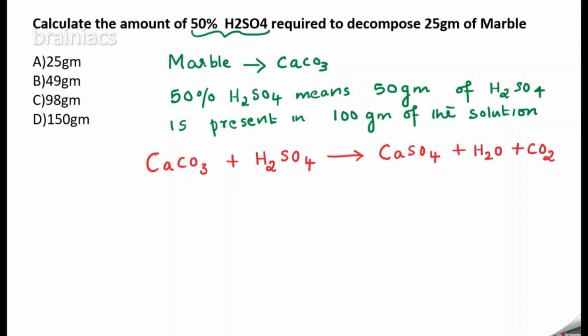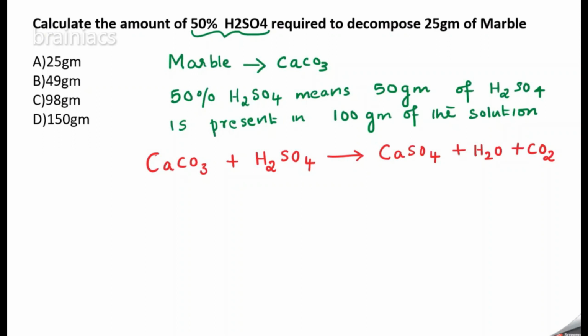Now, if you look at this reaction, it is balanced. Calcium only 1, here also it is 1, and oxygen 4 plus 3 is 7. You could see here 2 plus 1 3 plus 4 7. Sulfur 1, hydrogen 2, here also hydrogen 2. Carbon 1, here also carbon 1. So this is a balanced chemical equation.